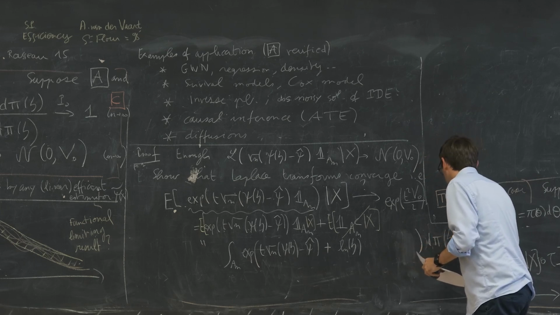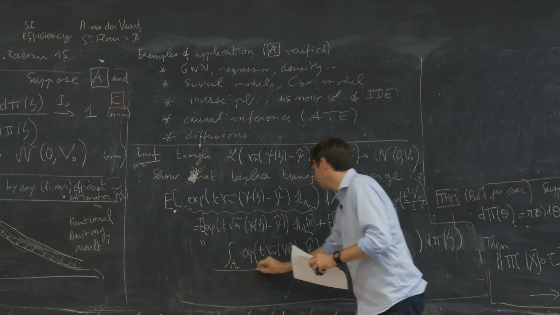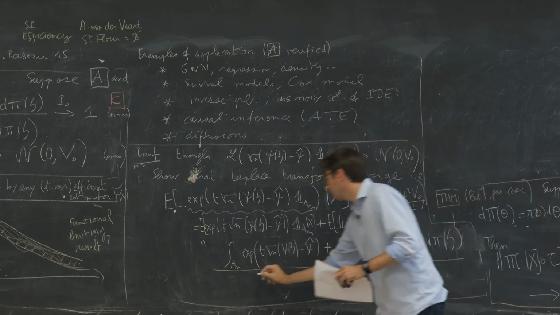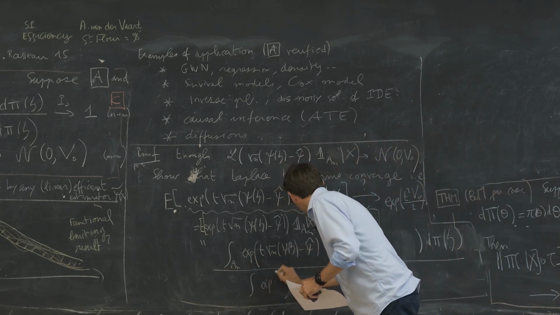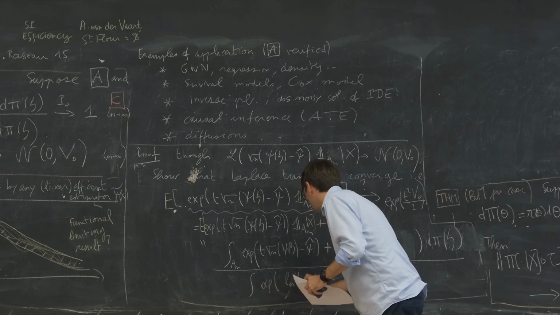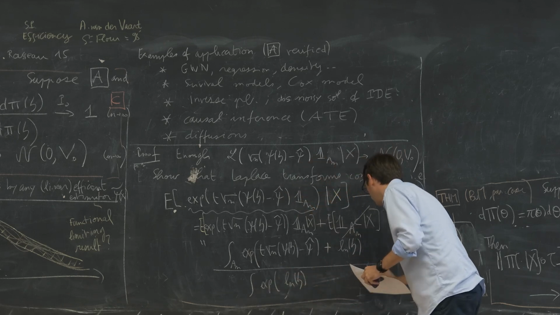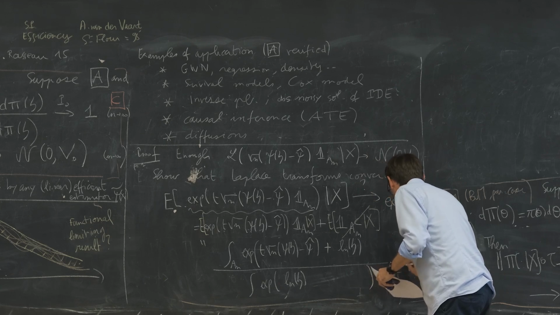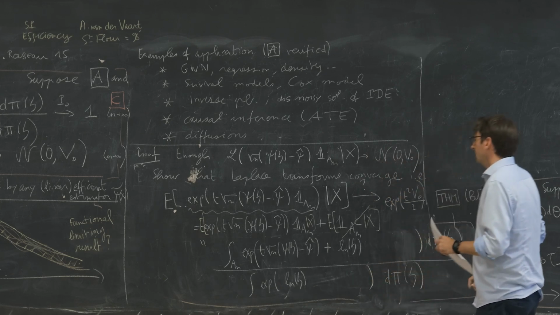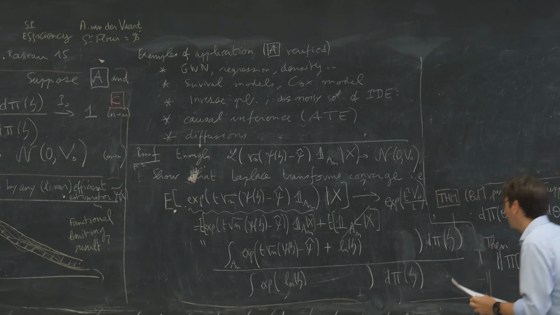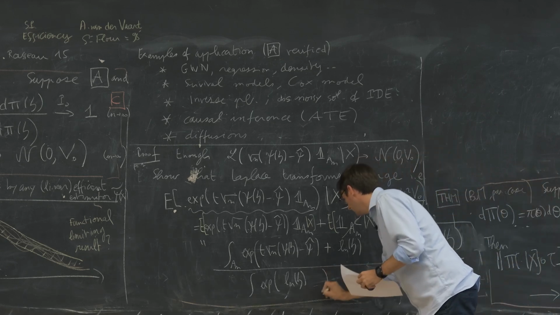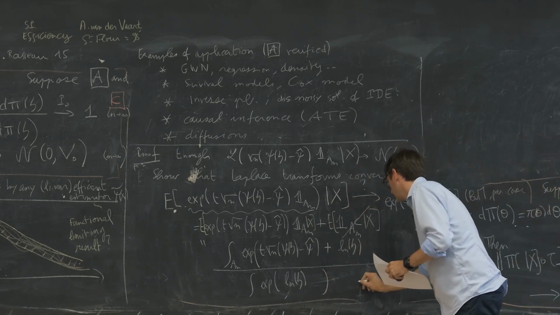D pi of eta divided by, so here I have only the exponential of ln, just my likelihood, and I'm going to add a term in a second, d pi of eta. Well, here I actually will not add a term for now, times this.